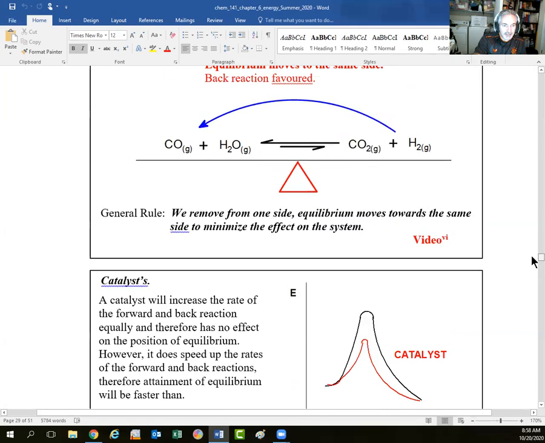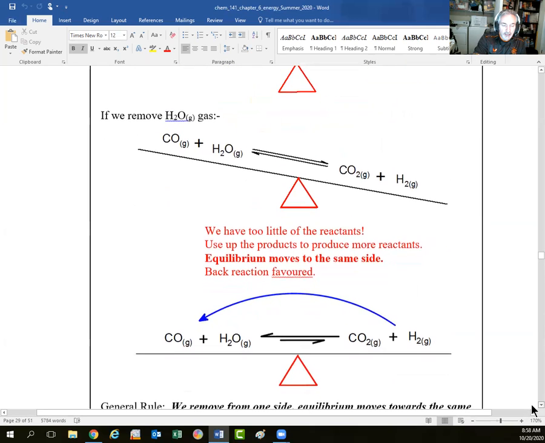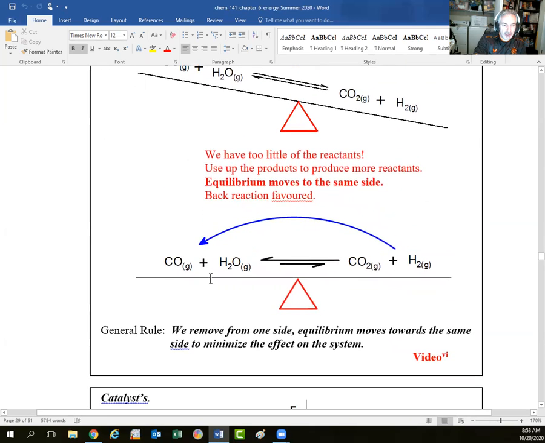Yes. So removing water means that there are going to be less collisions with molecules of carbon monoxide, because the water concentration is decreased. Remember, it's water in the gas state, so there's no solutions here. So removing water is significant in this example.